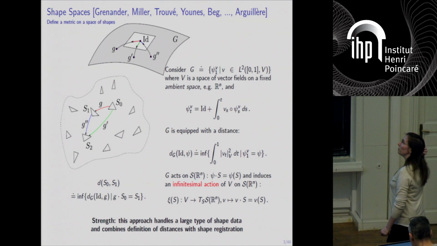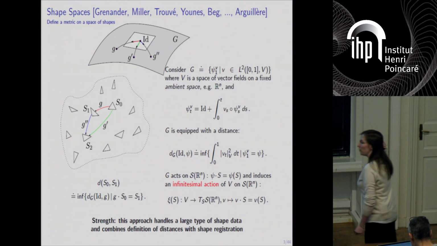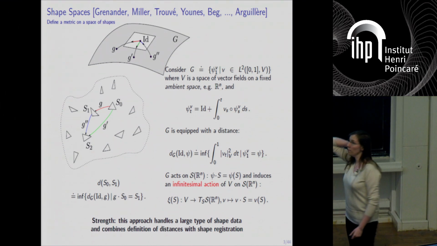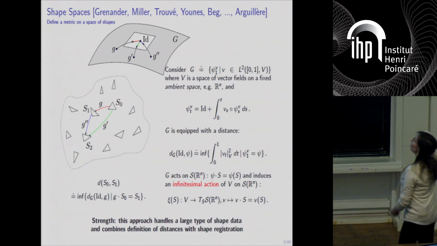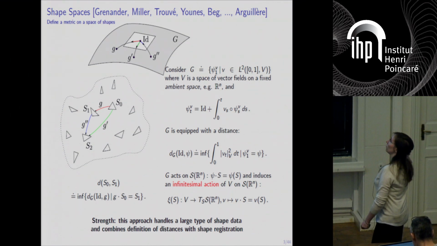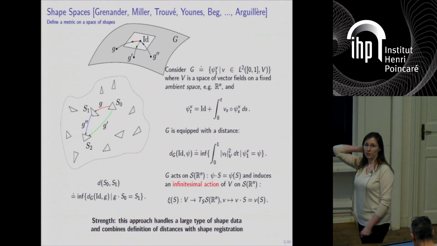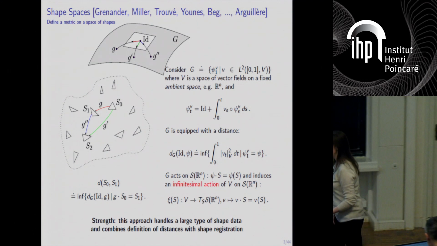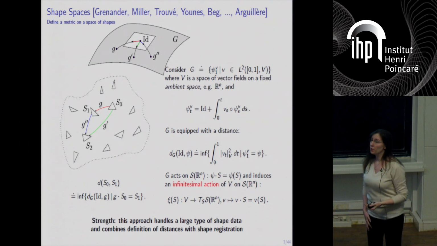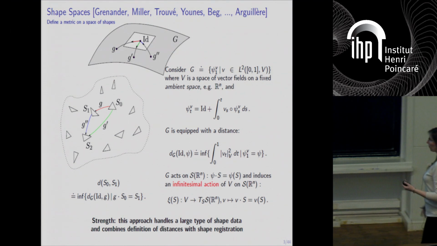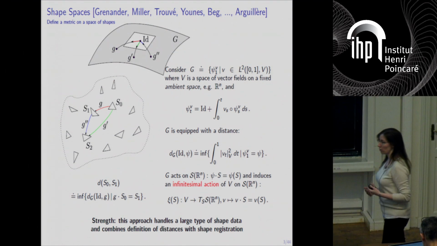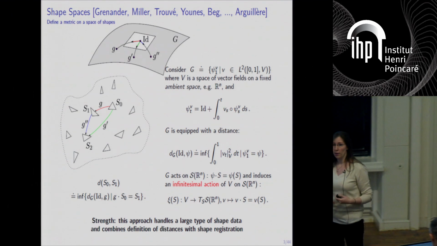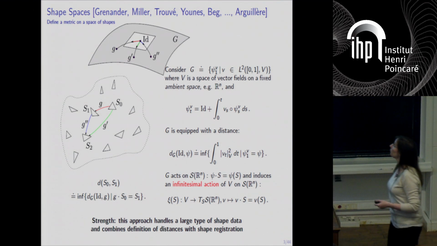So the diffeomorphic framework, or shape space, or large deformation model has been introduced and studied for the last 30 years now by all these nice people. And the idea is to compare shape through deformation. And two shapes will be similar if the quantity of deformation required to align them is small.